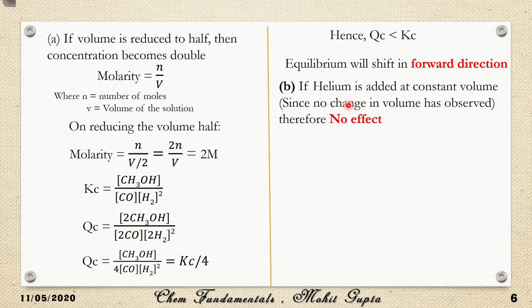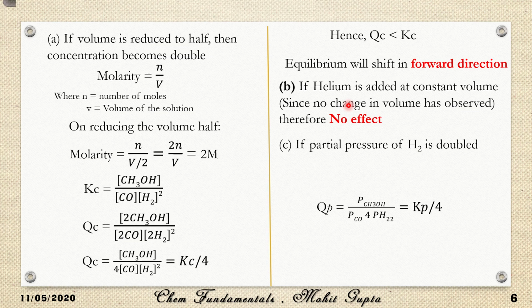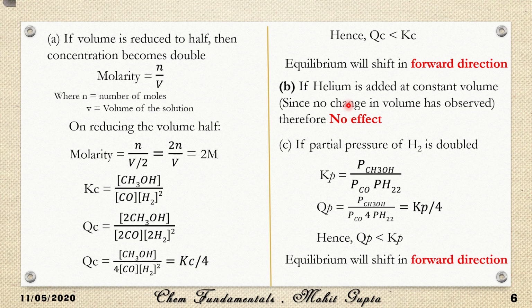Next is if helium is added at constant volume. If helium gas is added at constant volume, there won't be any change, hence no effect. The next is if the partial pressure of H2 is doubled. In order to do that, we can write Kp with P of CH3OH, P of CO, and P of H2 whole squared.